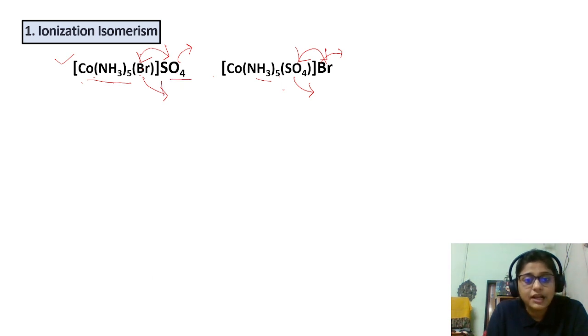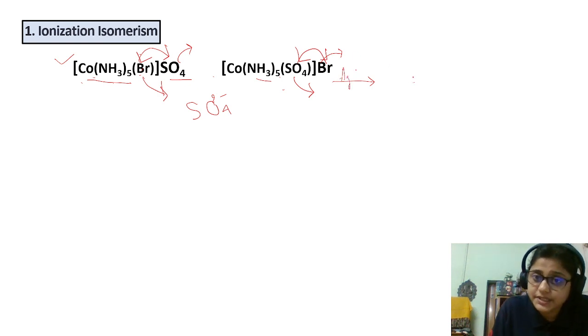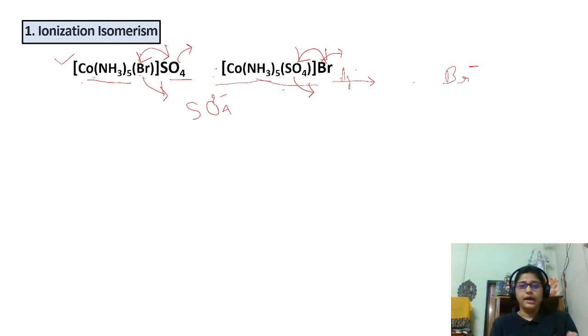When we ionize this complex, the sulfate will be released. And if we ionize this one, let's say AgNO3 is given, so AgBr will be precipitated and Br minus will be released, but the rest of the complex will remain as it is. For this reason it is called ionization isomerism.